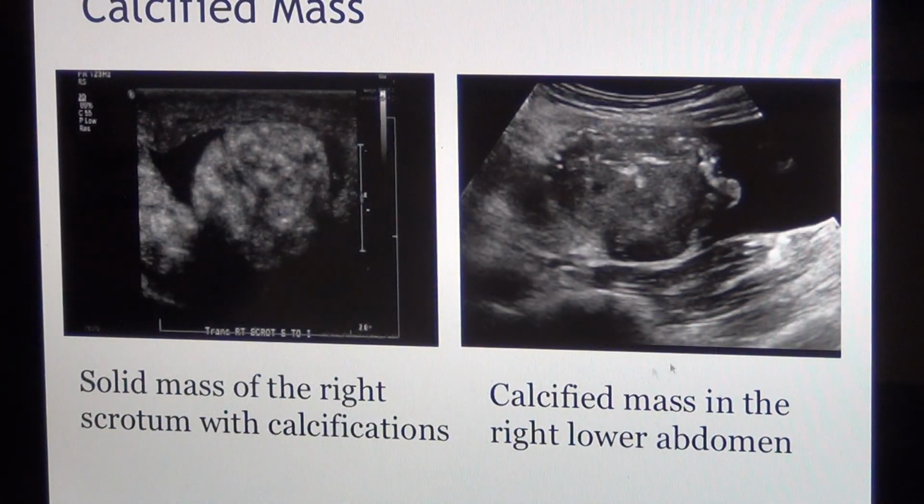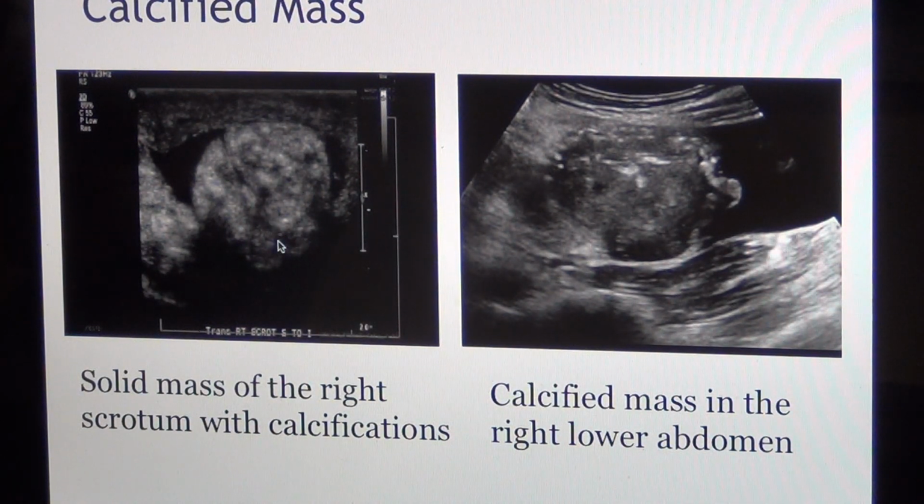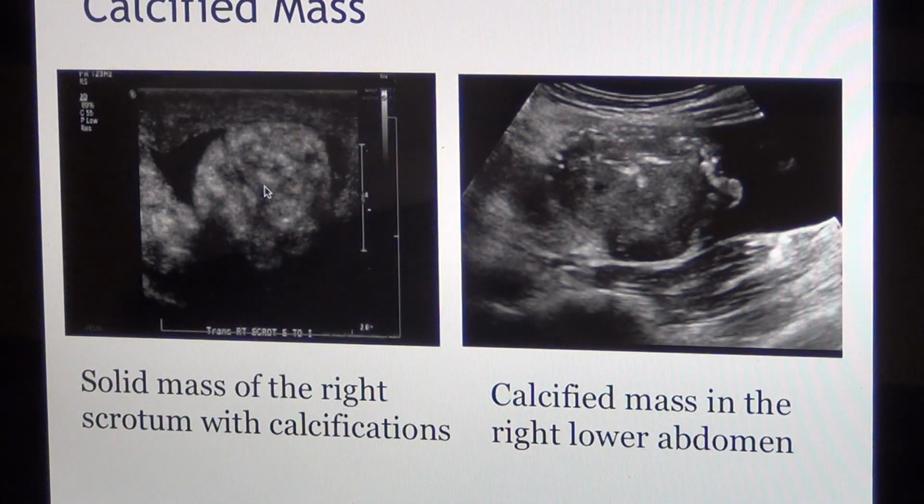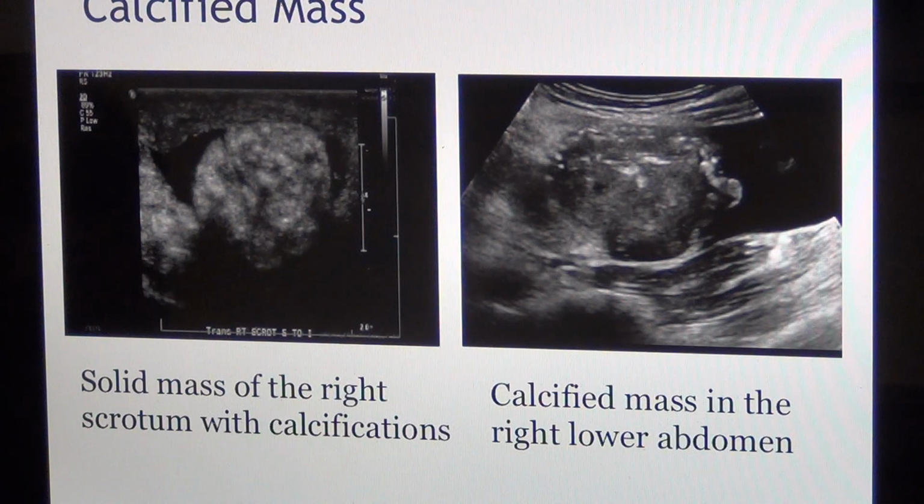Now this is calcified. Calcifications with the posterior shadow. This is a posterior shadow. So this is a calcification, calcification in the border, in the periphery, calcification in the center. Okay, so not all the time calcifications are good, calcifications are bad. I saw so many benign tumors with calcifications.